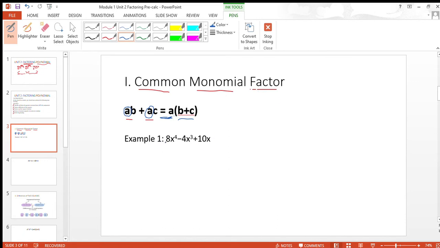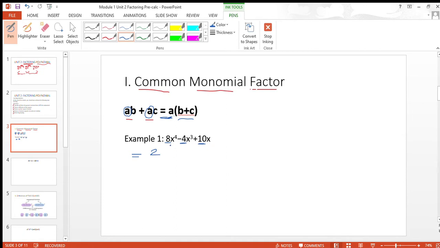Maybe we can first consider our numerical coefficients. And looking at our numerical coefficients, we have 8, 4, and 10. Isn't it that the three numerical coefficients given, all of those terms can be divided by 2. So meaning 2 is a common monomial factor.